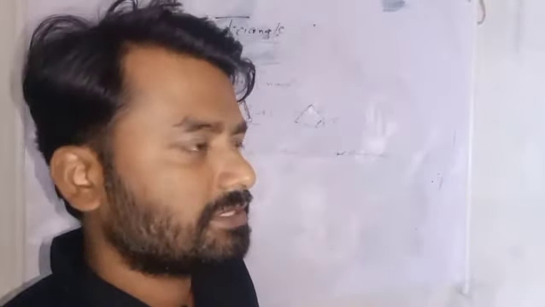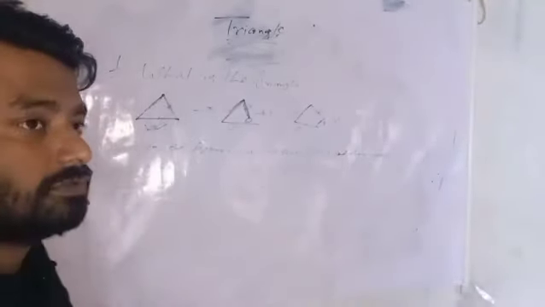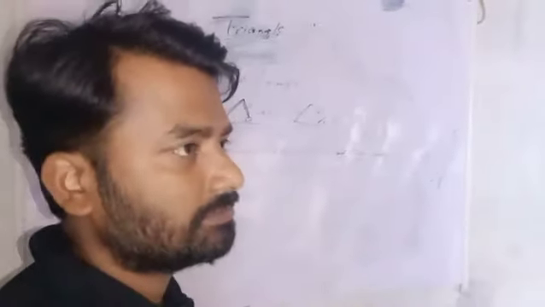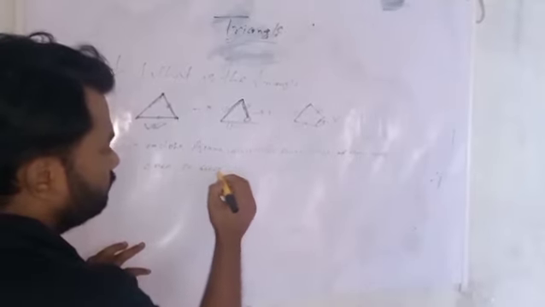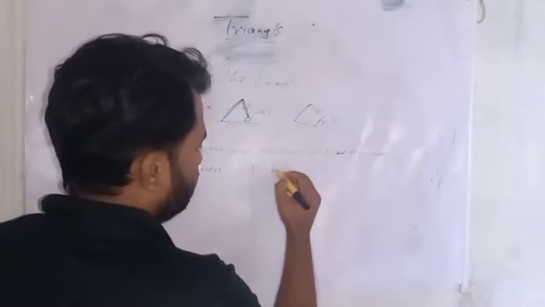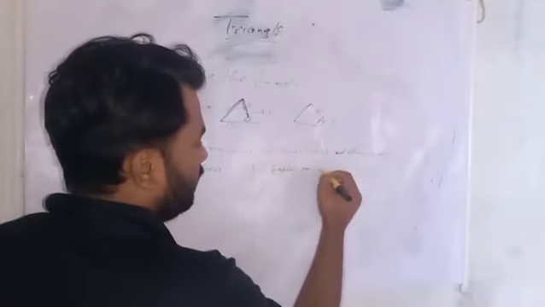Now, next, we can divide triangles into many parts. Now we are going to look at the partition of the triangle, which I can do based on their sides and based on their angles.